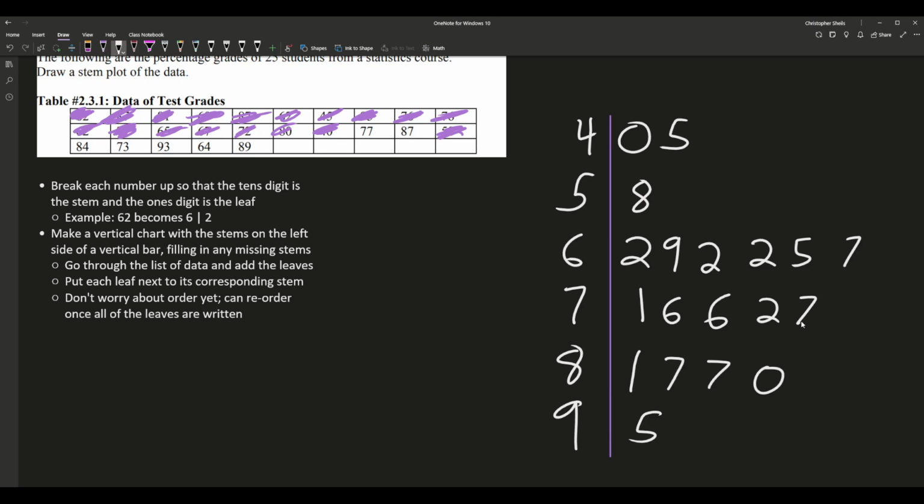So I write a 7 next to this 7 stem. 87. 84. 73. 93. 64. And 89 to take care of this last row of data.